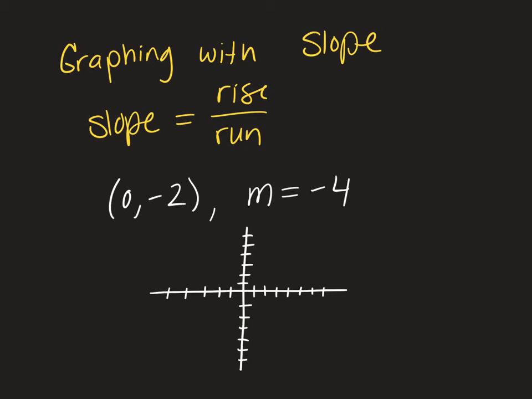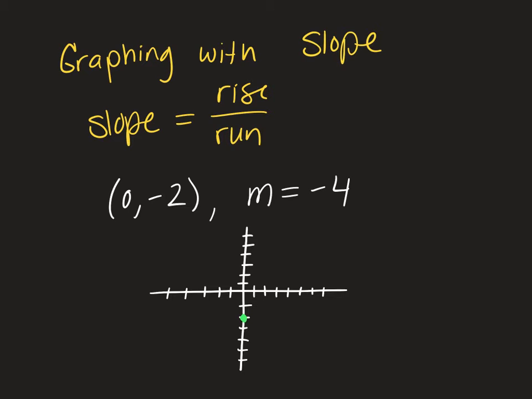So we're going to plot the point 0, -2. That means we're going down 2 and putting a dot right there. That point's going to be on our y-axis at -2.